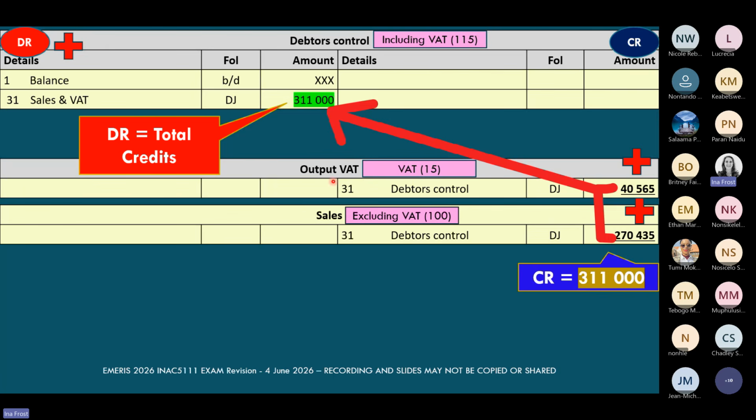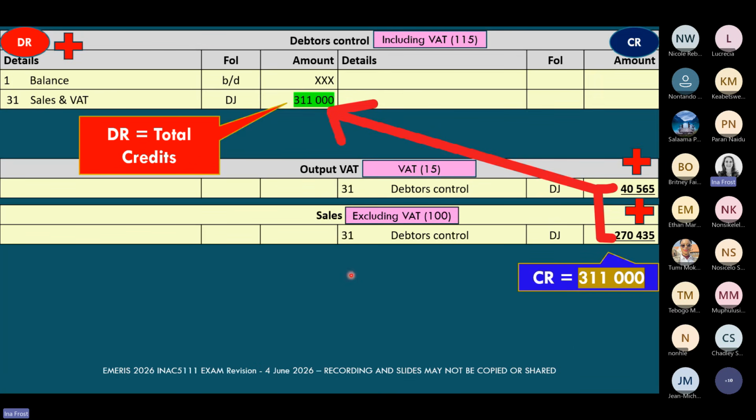We're going to credit the output VAT and the sales because sales is income and income increases on the credit side. It's still a double entry because my total debits are equal to my total credits.